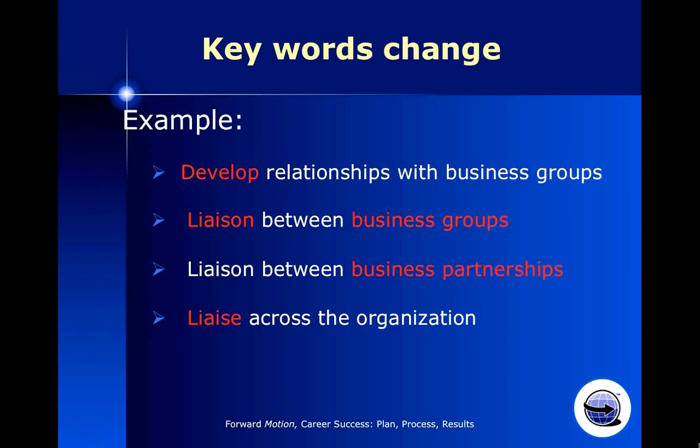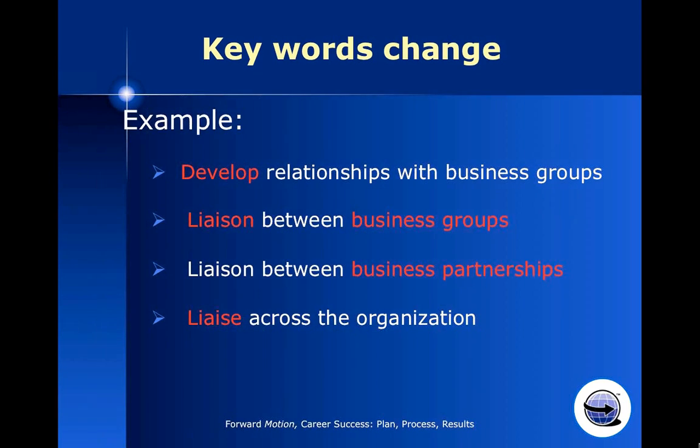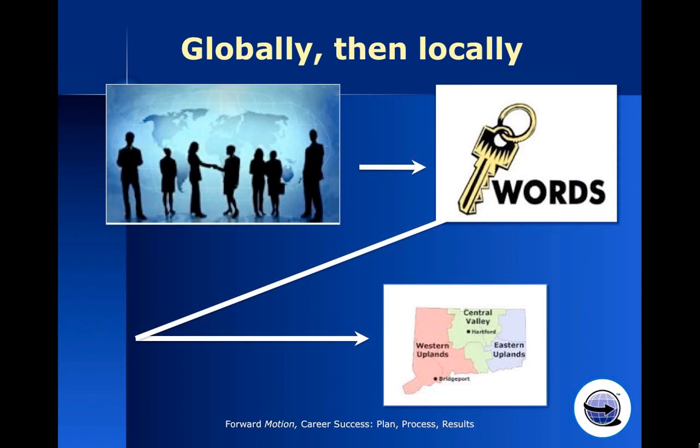So if I was still using the word liaison, I would be missing all those jobs that had changed to the word liaise. So with this in mind, we want to know the most up-to-date words. We search globally first, find the keywords, and then go locally.